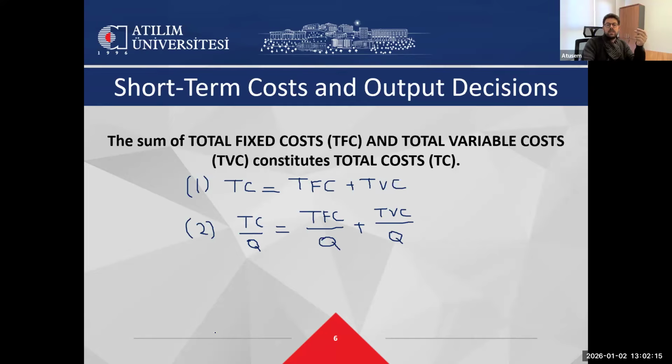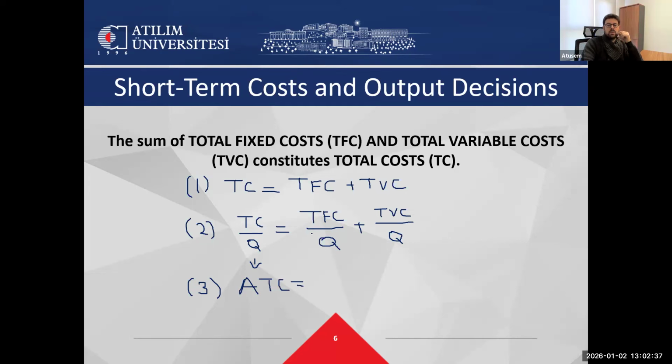We divide all parts by the quantity. By doing that, we can find the average. So when we divide total cost by the quantity, we find the average total cost.